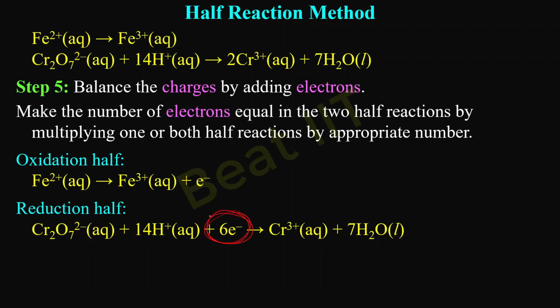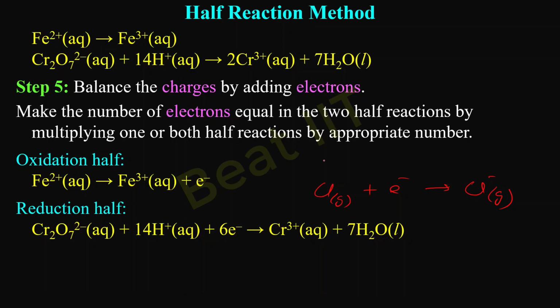Gaining electrons is reduction. You can understand it from one example as well. Chlorine. When chlorine, say it is a gaseous atom, gets converted to chloride ion, it will gain 1 electron to get converted to chloride ion, and it will attain the noble gas configuration of argon. Now understand whether it is oxidation or reduction.